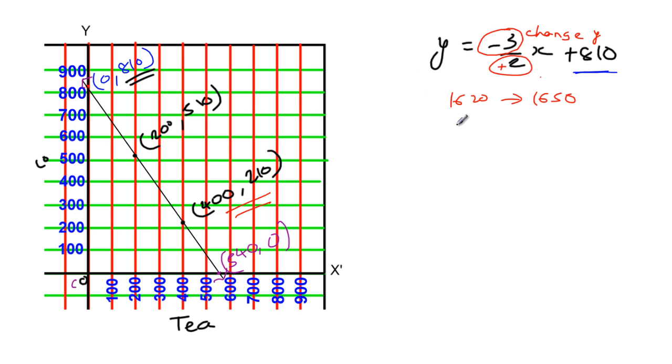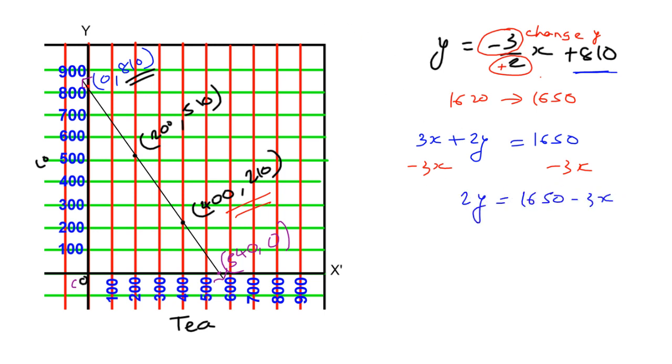So our original equation will be like this: 3x plus 2y is equals to 1650. Now I will subtract 3x from both the sides. So that will make 2y is equals to 1650 minus 3x. Then I will divide all by 2.